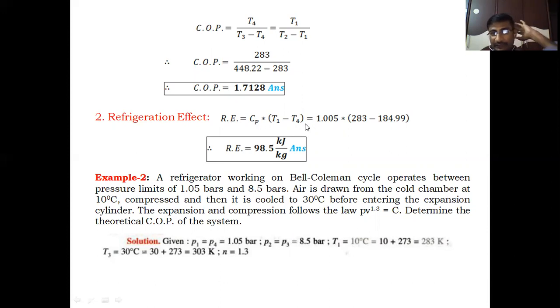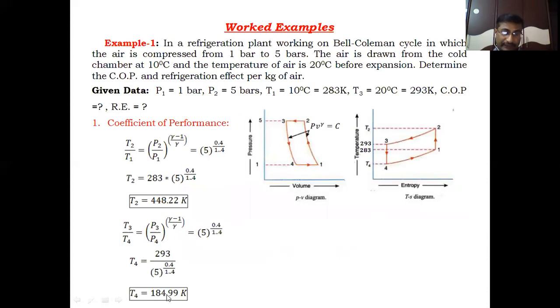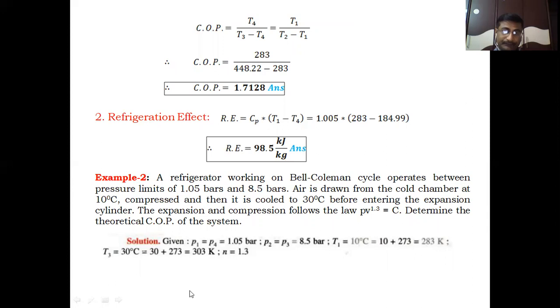Actually, m Cp T1 minus T4, where m is taken as 1 kg. Then Cp into T1 minus T4. Cp is 1.005 for air, and T1 minus T4 is 283 minus 184.99. Then we get the refrigeration effect equal to 98.5 kilojoules per kg.